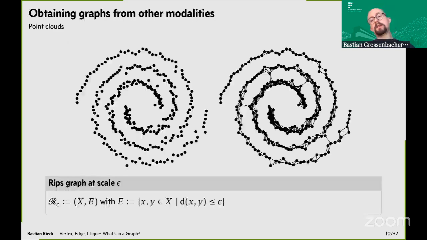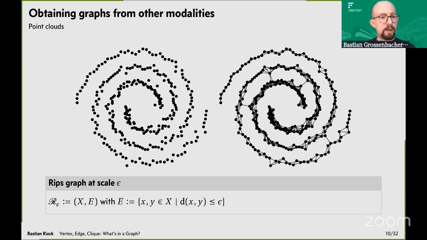And indeed, to zoom back into this idea of where to get graphs from, how to create graphs, there is quite a lot of rich literature on obtaining graphs from other modalities. There is a very simple way of obtaining graphs from point clouds, I don't want to say trivial, but simple in the sense that it doesn't use a lot of additional information. It involves calculating a Rips graph or a neighborhood graph at a specific scale.